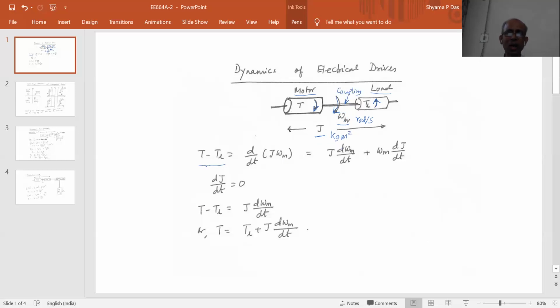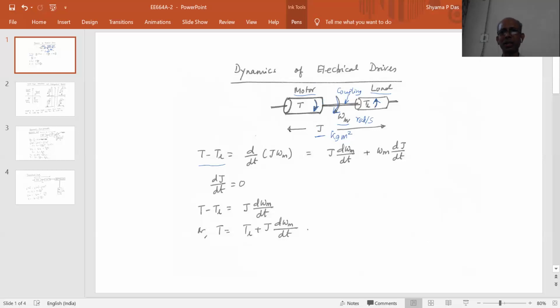So the differential torque is equal to the rate of change of angular momentum. We have two variables here, J and omega m, so we have to differentiate by parts. So it is J d omega m by dt plus omega m dJ by dt. Now, J is the moment of inertia of the complete motor and load combination. Usually, the moment of inertia is constant.